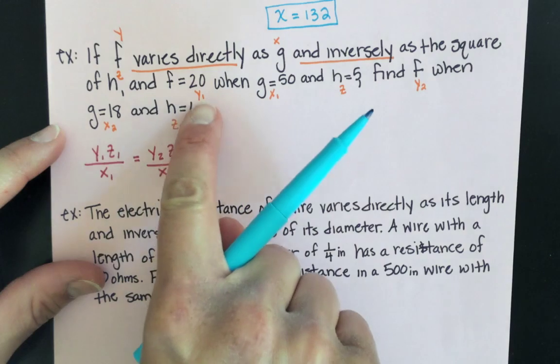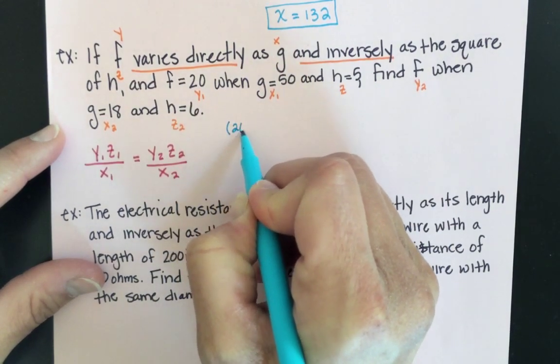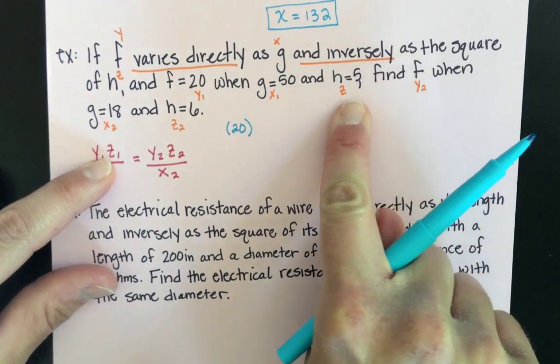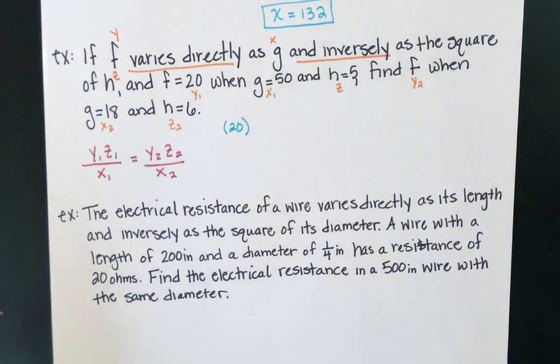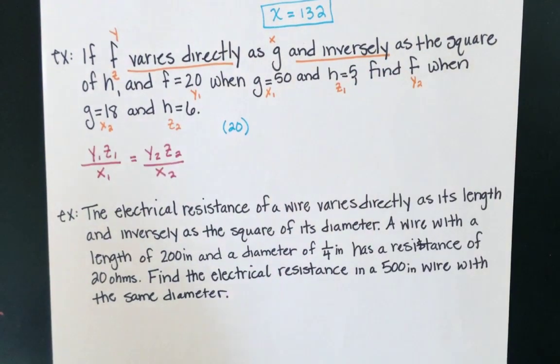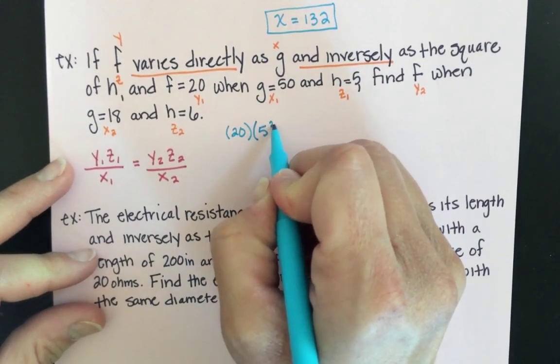And we have y1 is 20, z1, oops, I forgot a 1, that's going to bother me, is 5, but don't forget we have to square that.